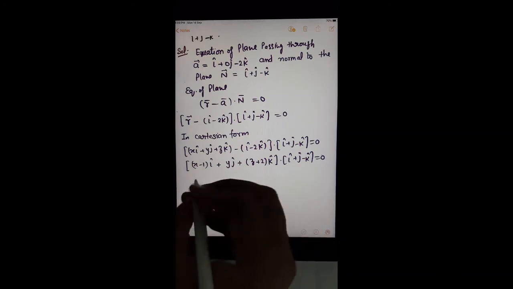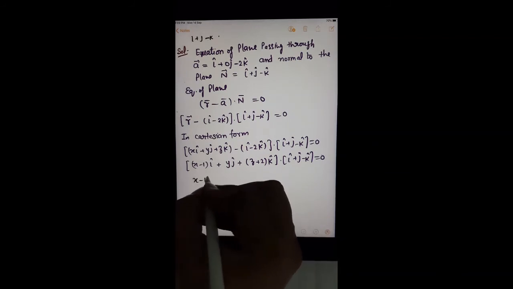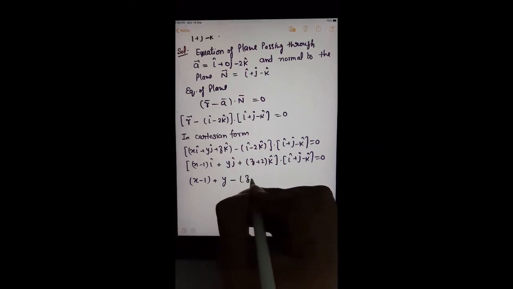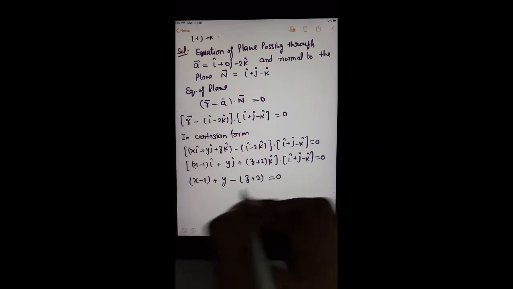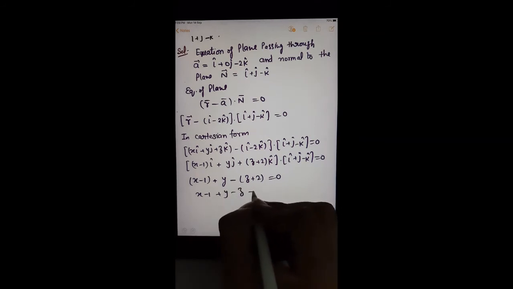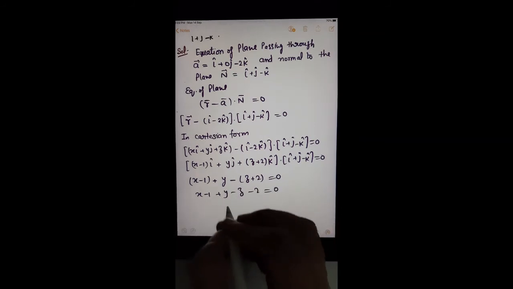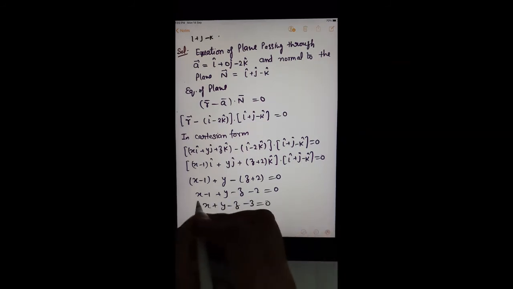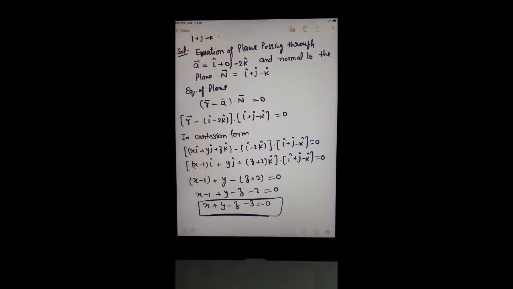If we take the dot product, we will get x minus 1 plus y minus z plus 2 is equal to 0. So it is x minus 1 plus y minus z minus 2 is equal to 0. So x plus y minus z minus 3 equals 0. This is the equation of plane in Cartesian form.